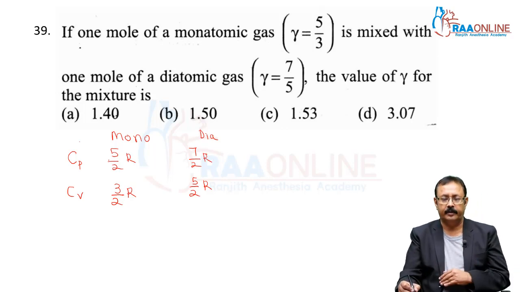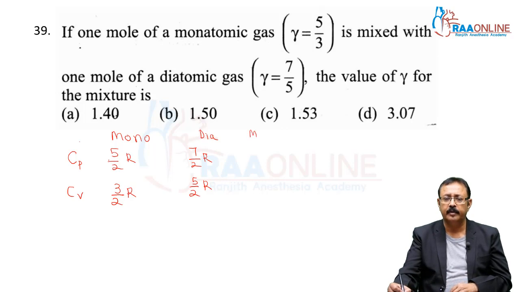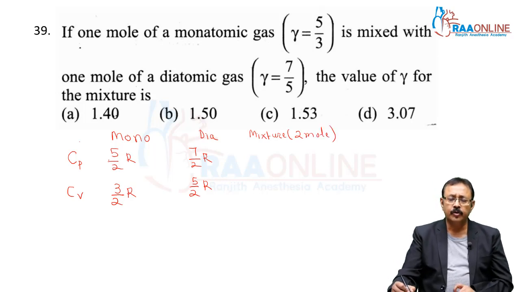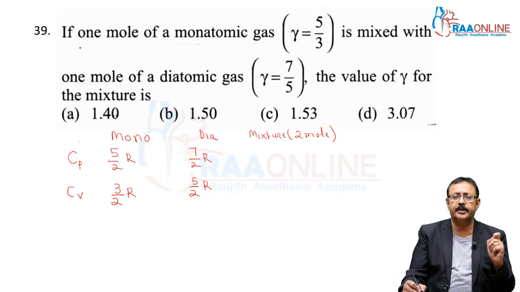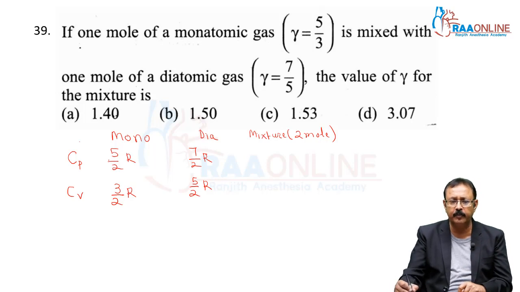Now I am talking about the mixture. In this mixture, we have 1 mole of this and 1 mole of this, so 2 moles of mixture. To increase its temperature by 1 Kelvin at constant pressure, what do we need? For 1 mole, we need 5 by 2 R, and for the other 1 mole, we need 7 by 2 R. So the total is 5 and 7, 12, 12 by 2, 6R.